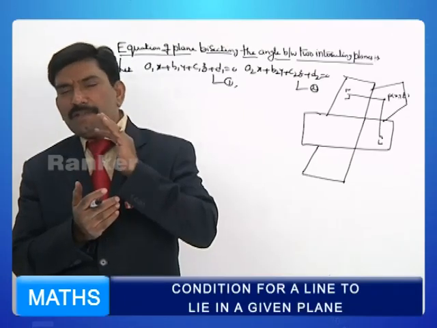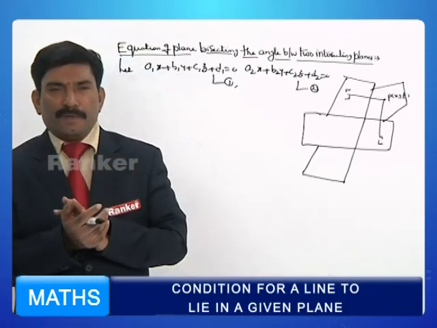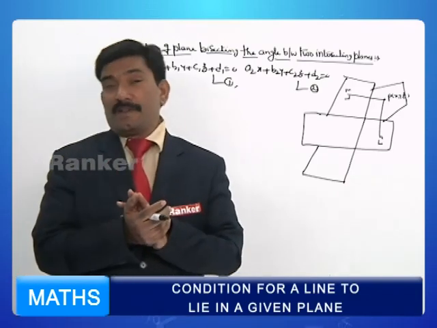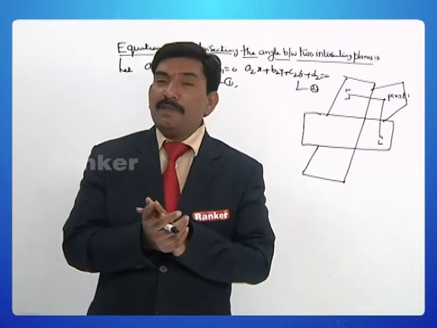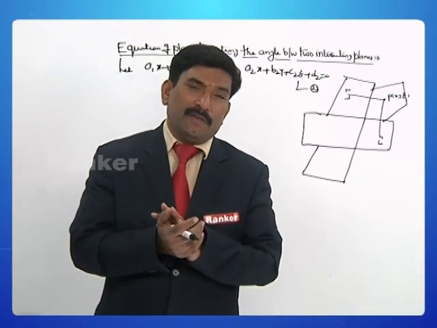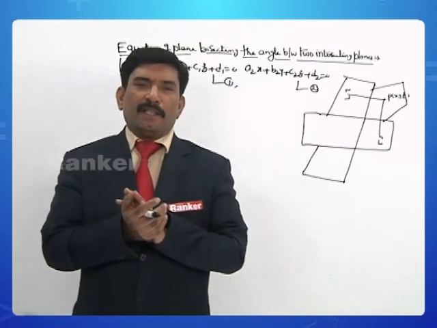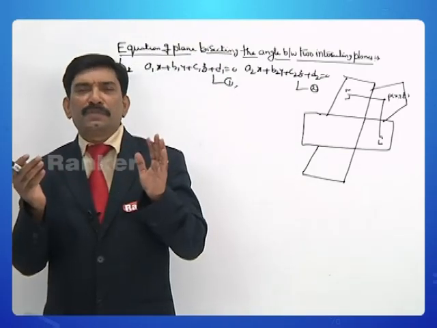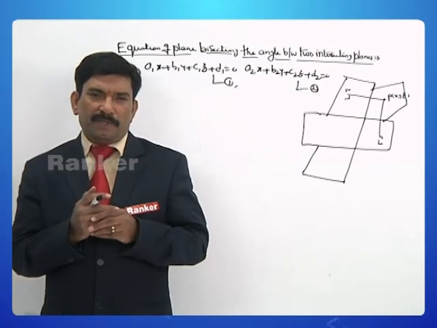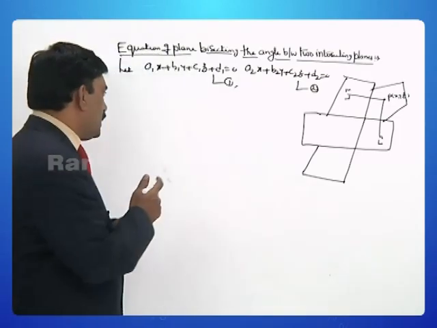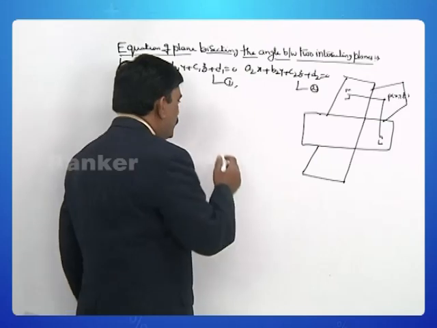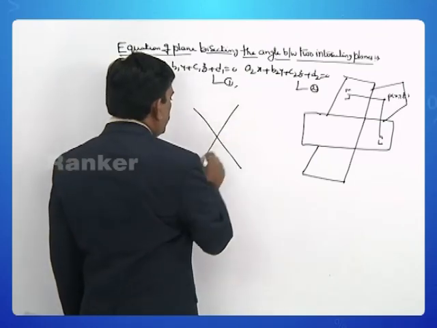We come across quite a similar concept in straight lines: the equation of a straight line which is bisecting the angle between two straight lines. So when you take two straight lines like this, this is one line, this is another line.